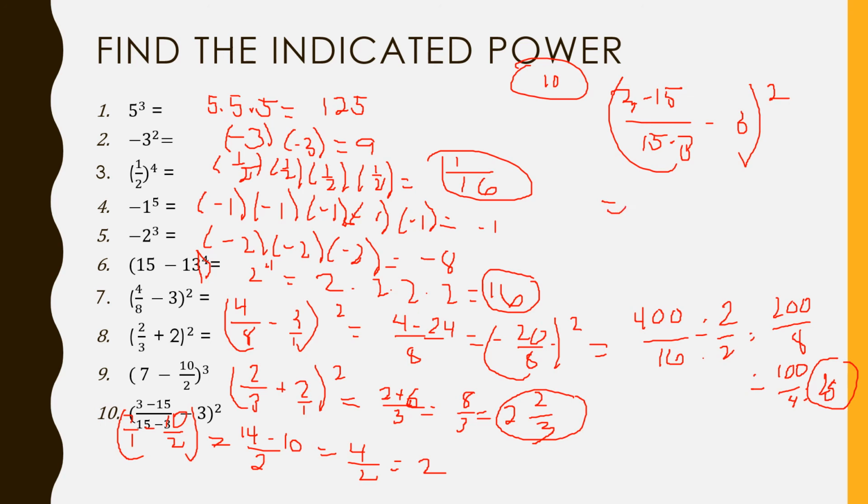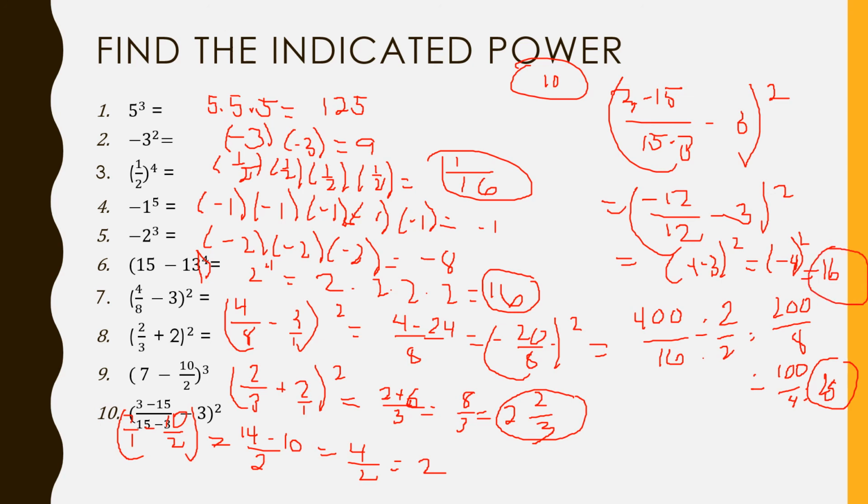So 3 minus 15 is negative 12 over 12 minus 3, squared. Negative 12 divided by 12 is negative 1. Negative 1 minus 3, squared. So it becomes negative 4 squared, or 16. So 16 is the final answer.